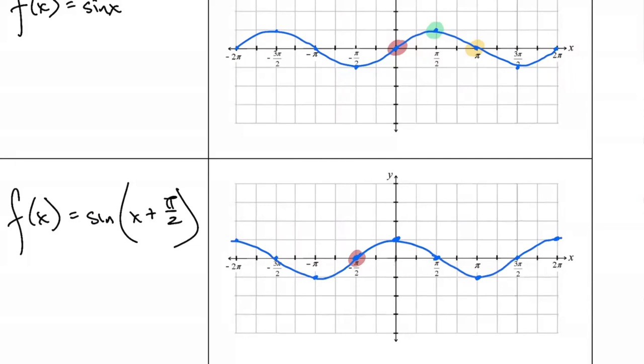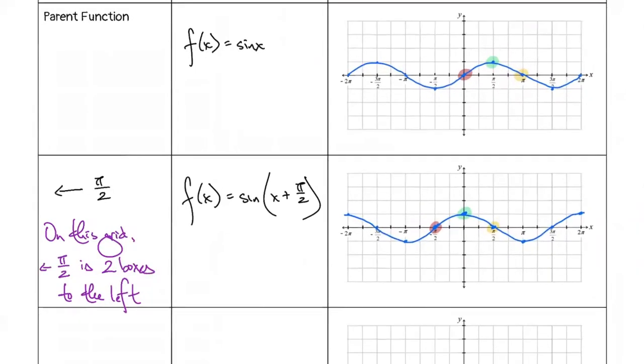In case you want to try this strategy, the green point moved here, the yellow point moved here. And so we can see that everything slid to the left, 2 boxes or pi over 2, okay.